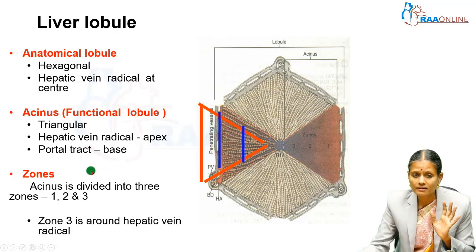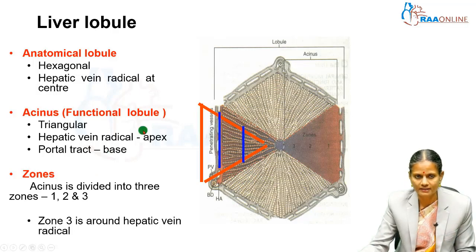Now, there are certain zones of the liver. The acinus in turn is divided into 3 zones: zone 1, 2 and 3. Zone 3 is around the hepatic central vein. This is the centrilobular zone, which is nearest to the central vein.